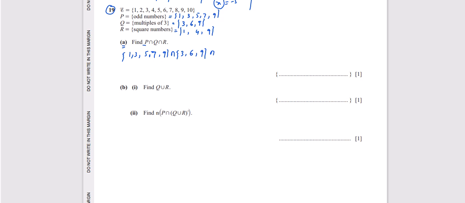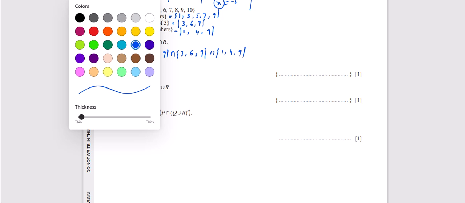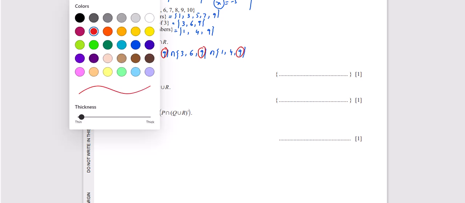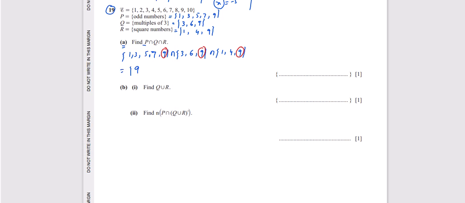Intersection R. The set of R is 1, 4, 9. Intersection means the numbers which are the same in all the sets. The only number that is the same in all sets is 9. Here is 9 and here is 9. So the intersection is 9. So the final answer is 9.